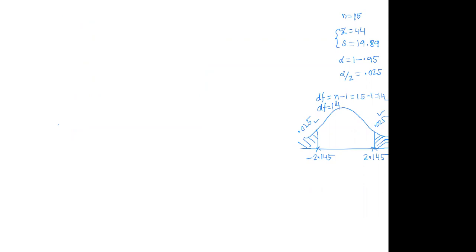So my margin of error is going to be t sub alpha over 2 times s divided by square root of the sample size. T sub alpha over 2, we take the positive value, remember, 2.145 times s, which is 19.89, divided by the square root of the sample size, which is 15, okay?